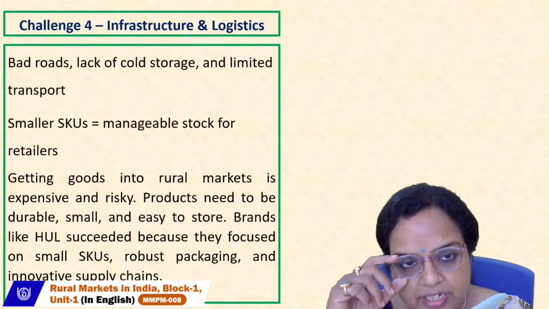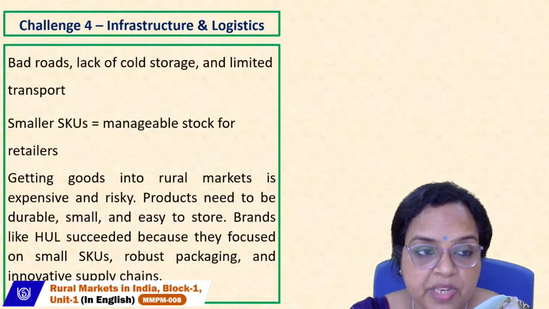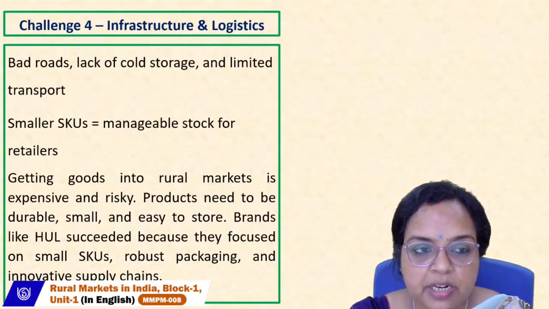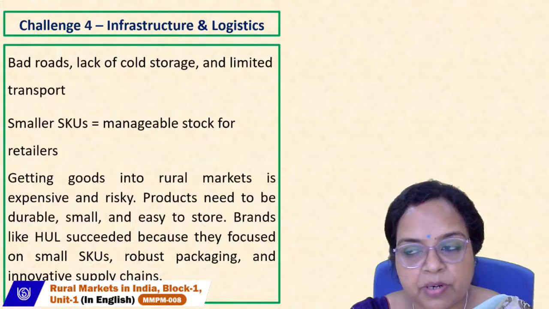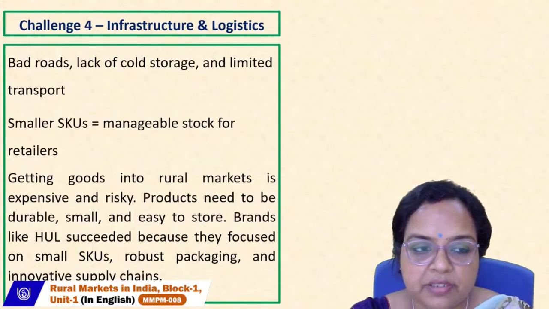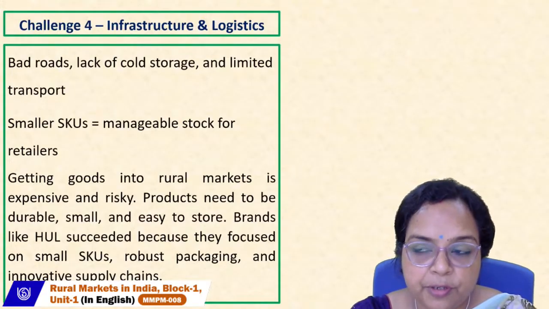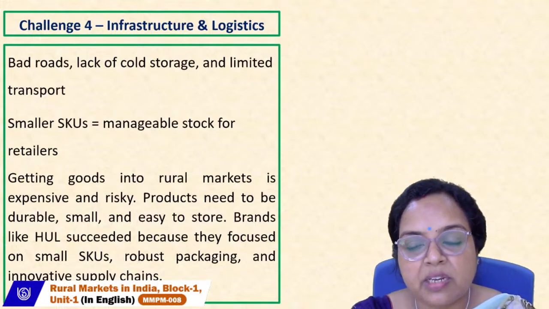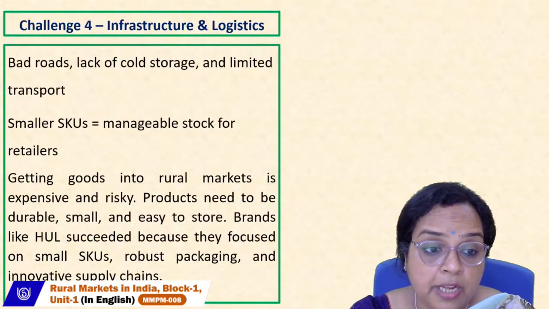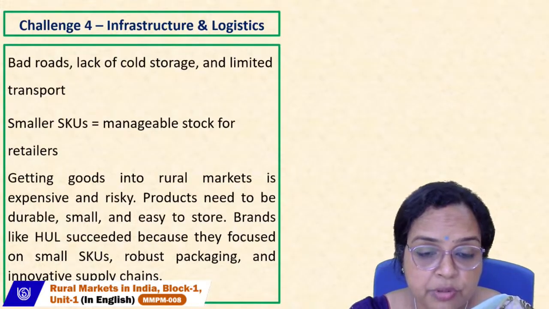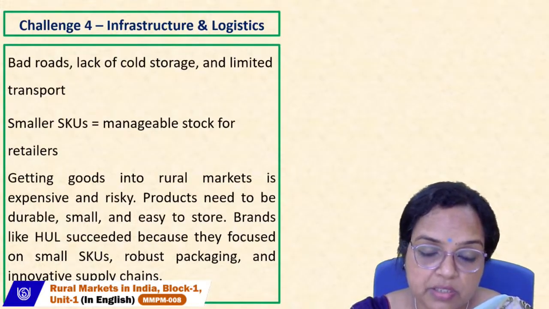Challenge number four is infrastructure and logistics. Due to bad roads, lack of cold storage and limited transport, products are not reaching the rural belt. They don't have proper storage units, so they are keeping everything in a limited size. Getting goods into rural markets is expensive and risky.